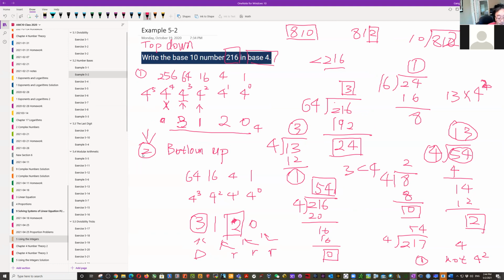Then top down, basically you are trying to divide by the highest possible power. So you go from dividing by the highest power, for example, in this case a fairly big number, 64. So I'm dividing by 64 first, and then divide by 16. So these are the divisors, and the last one is the remainder.